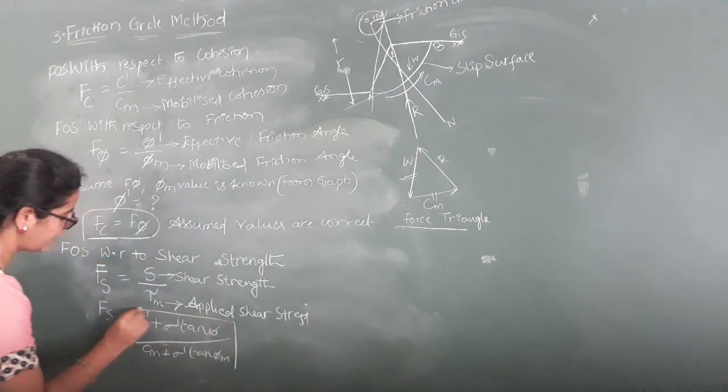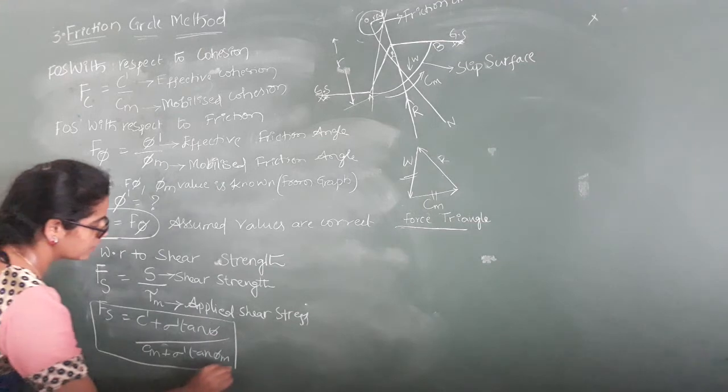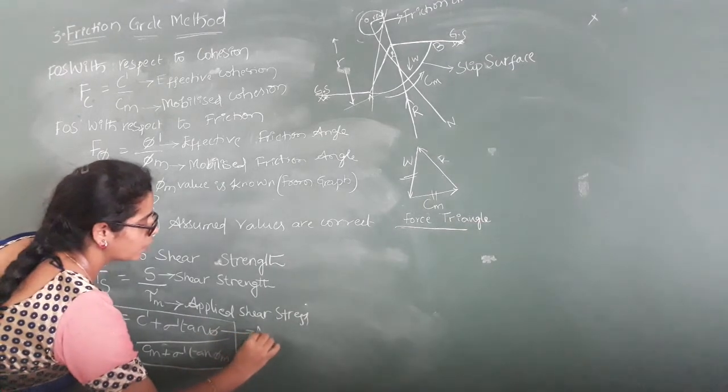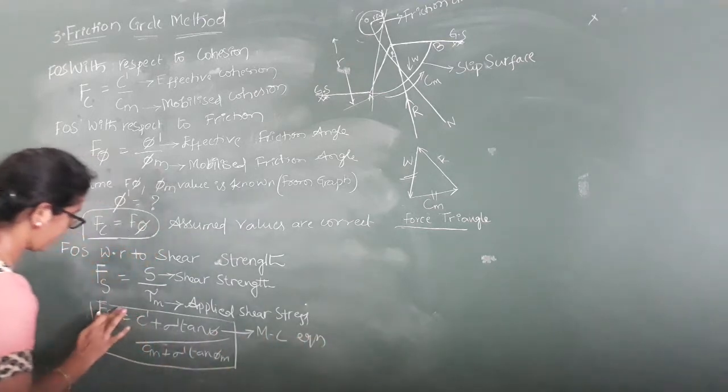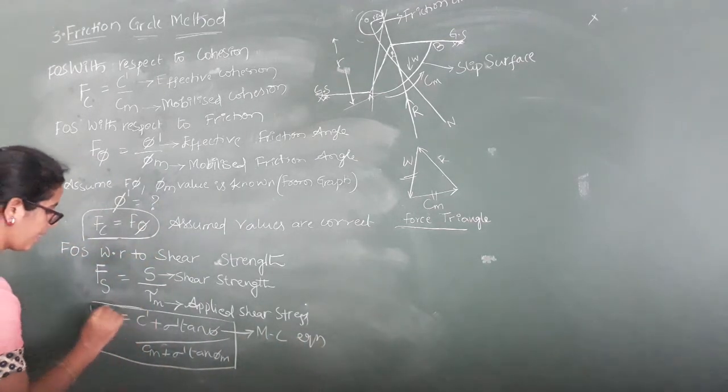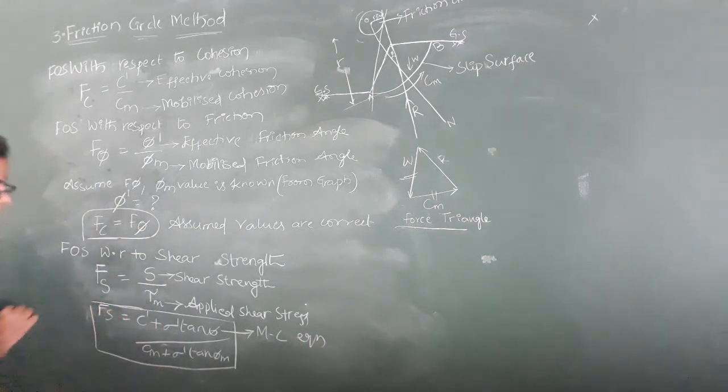So how are we writing this? This is from Mohr-Coulomb's equation. So this is about the friction circle method. This is how we find the factor of safety with the help of the friction circle.